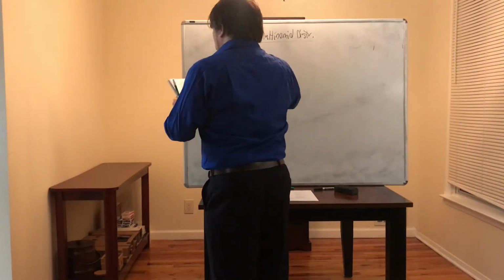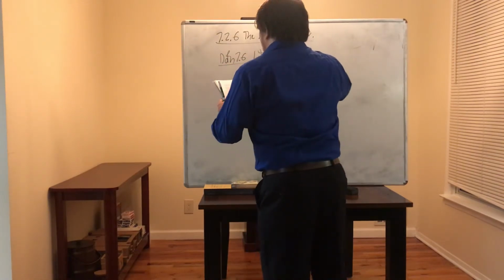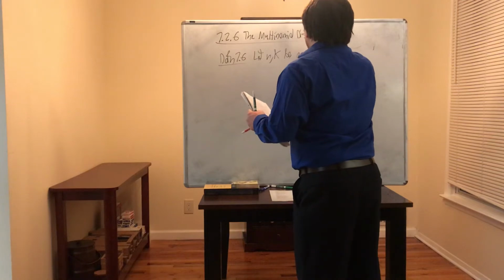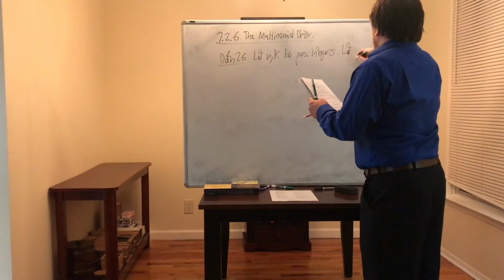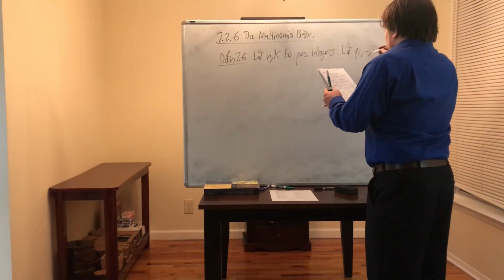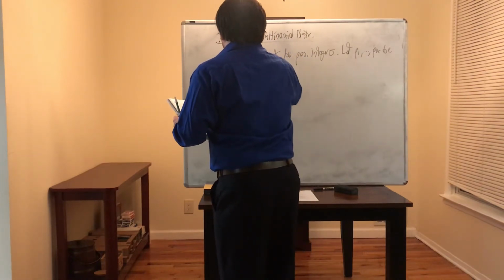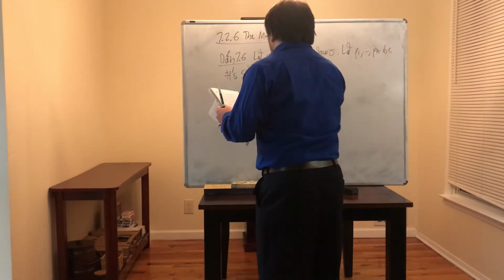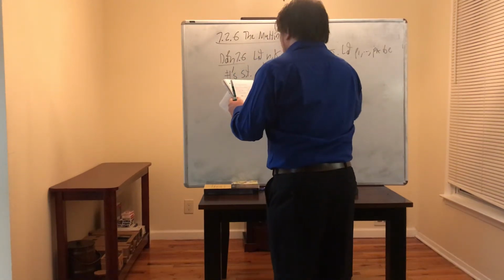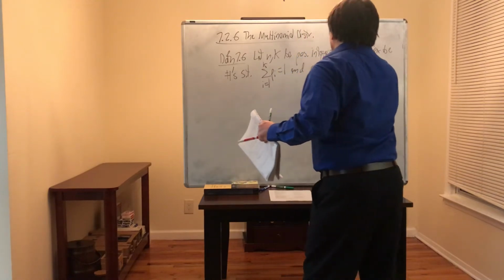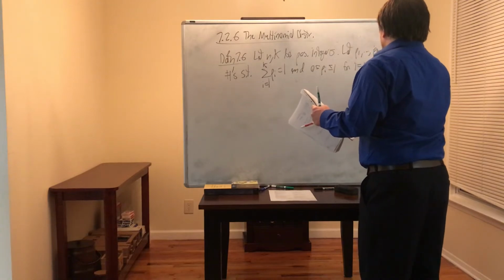And so definition 7.6, let n and k be positive integers. Let p1 to p sub k be numbers such that the sum from i equals 1 to k of p sub i is equal to 1, and 0 is less than or equal to p sub i less than or equal to 1 for i values from 1 to k.